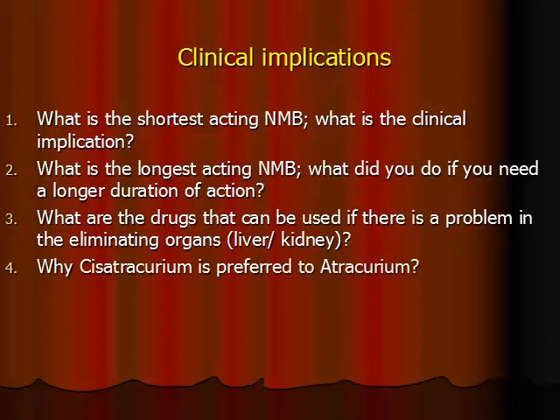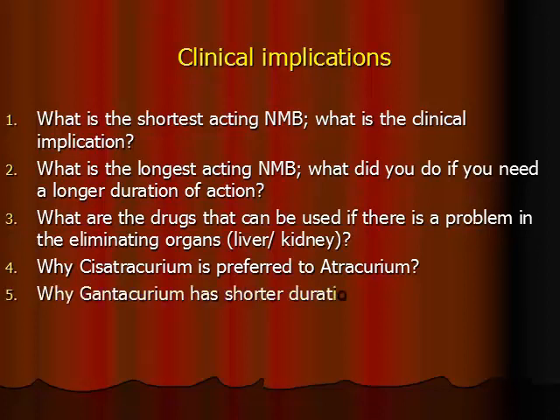Why is cisatracurium preferred to atracurium? The answer: it is preferred for two reasons. First, it induces less histamine release. Second, the accumulation of the metabolite, laudanosine, is less on prolonged administration. This metabolite may induce convulsions, and it also increases the anesthetic dose used.